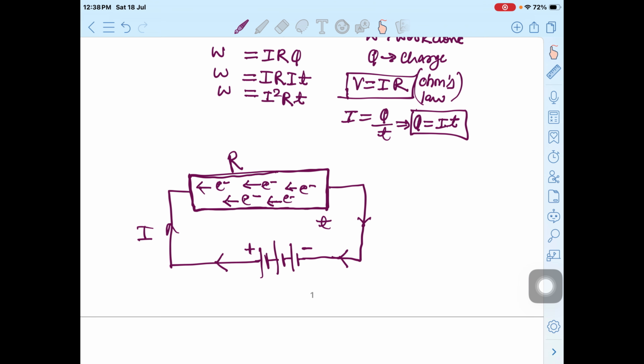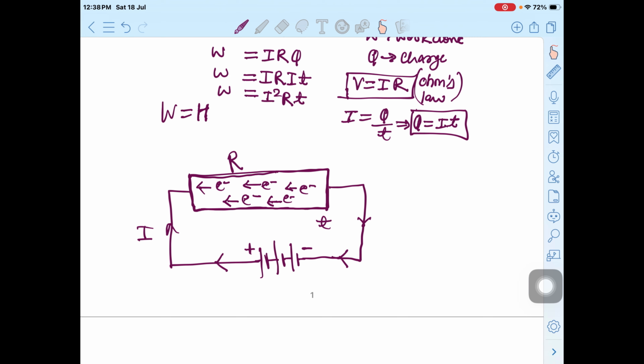Here electrons are moving, transferring their energy to the atoms, and the atoms start vibrating, due to which the temperature increases inside the conductor, right? As the heat is being generated, here we can write W is equal to H, right? The amount of work done will be equal to the heat generated.